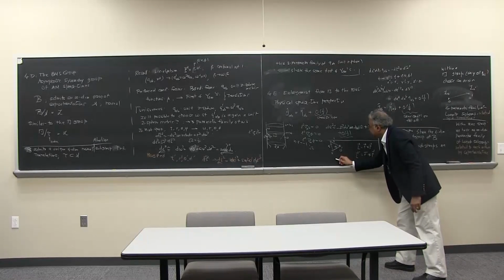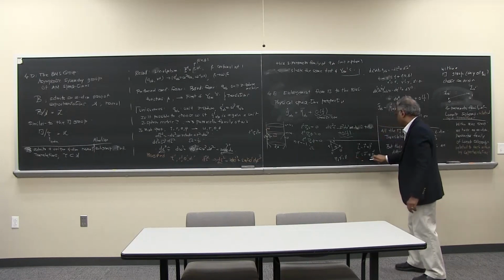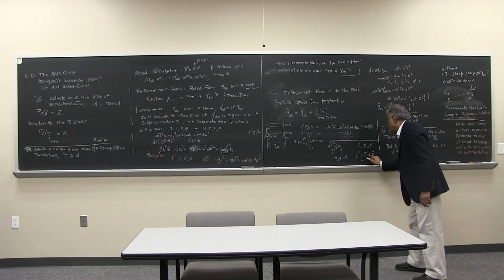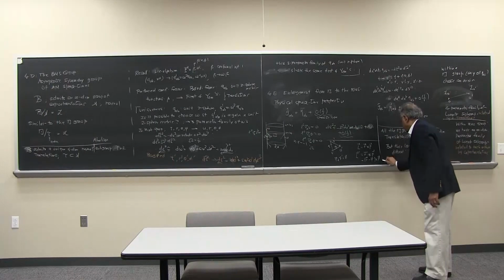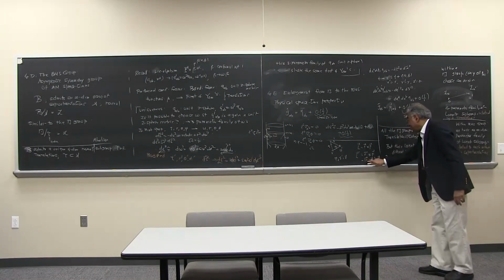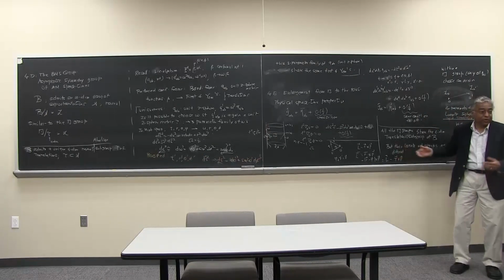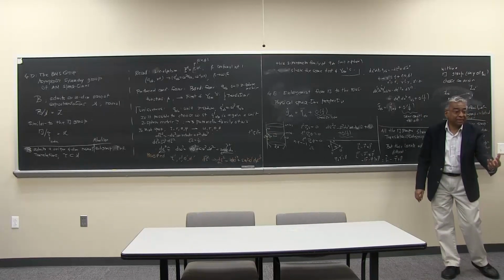If I substitute for r prime, I will get (r minus t) cross p. So that is equal to the original angular momentum r cross p minus the translation times the three-dimensional momentum. So this is the usual law of transformation of the angular momentum.